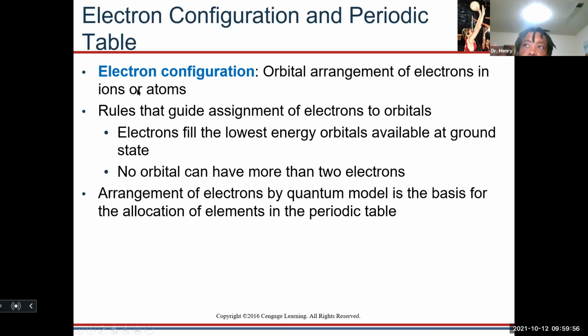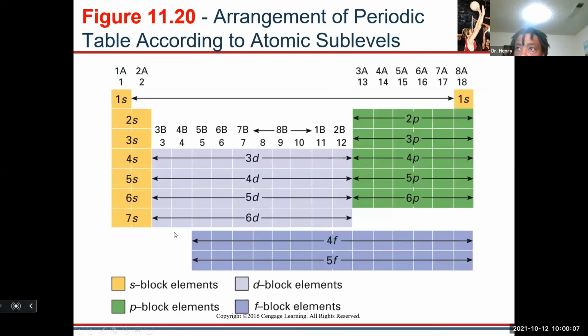Okay, we've talked about electron configuration. I showed you guys how to do electron configuration, that process of 1s, 2s, that is all considered electron configuration. This is showing you the degeneracy, right? So remember here, this is the 3D, this is the 4D, this is the 5D, this is the 6D, and then when we get to the F, it starts at the 4F.